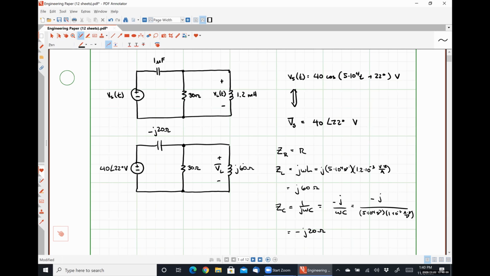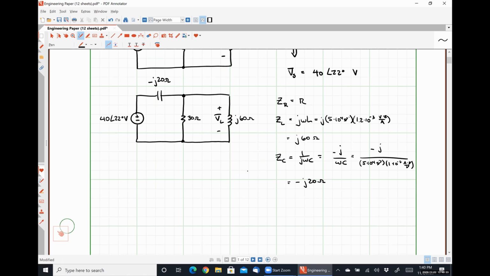So the j60 ohm element, which is the inductor, is in parallel with a 30 ohm resistor. So I'm going to take what you suggested by observing that they are in parallel one step further, and I'm going to solve for that voltage VL directly using voltage division, right? Where I'm going to say that in series with this minus j20 ohm element, I have some equivalent impedance from that resistor and inductor that are in parallel, okay?